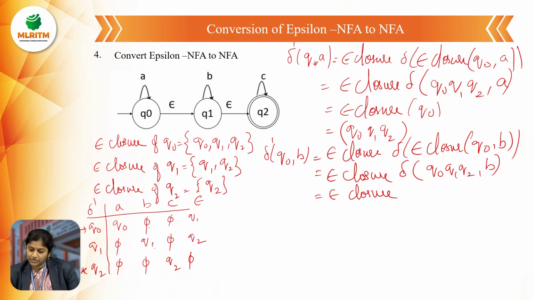Q1 on B is Q1. Q2 on B is null. So epsilon closure of Q1 is Q1, Q2. Q1, Q2.